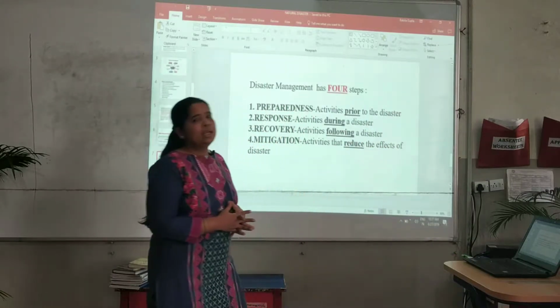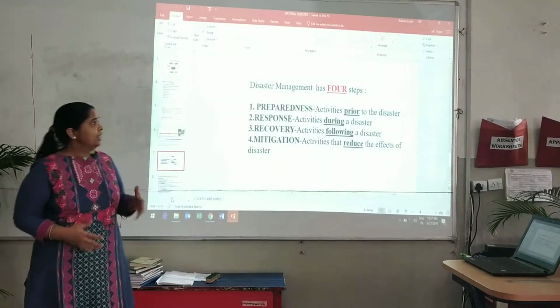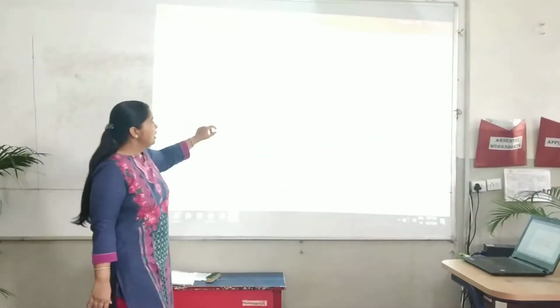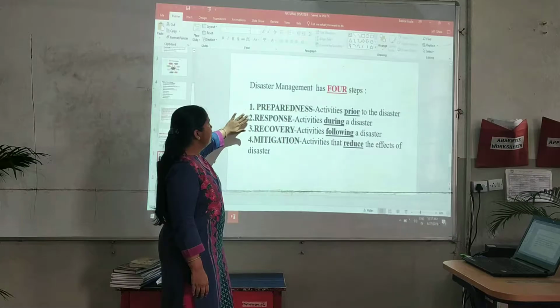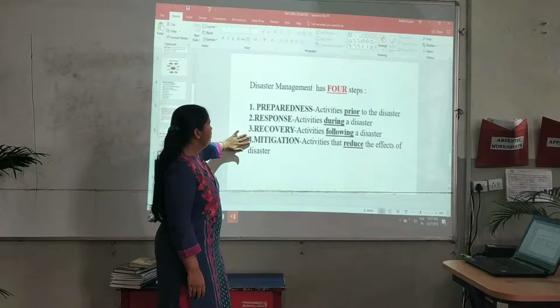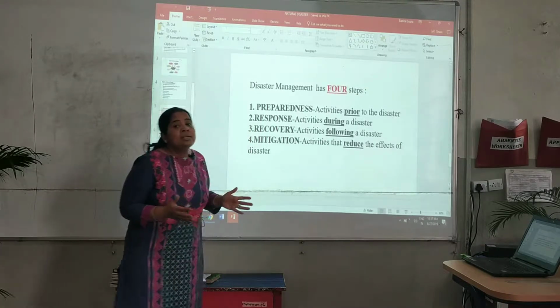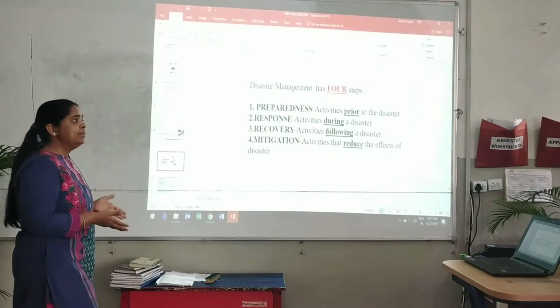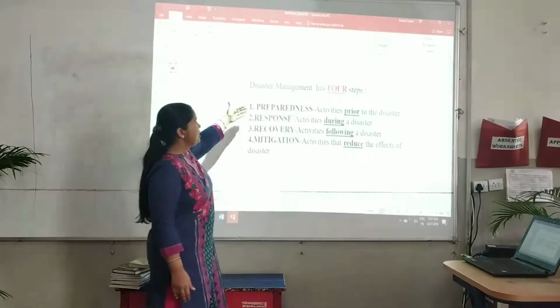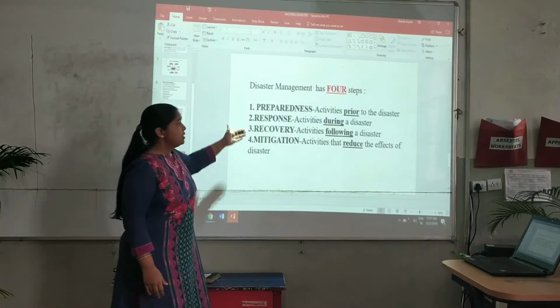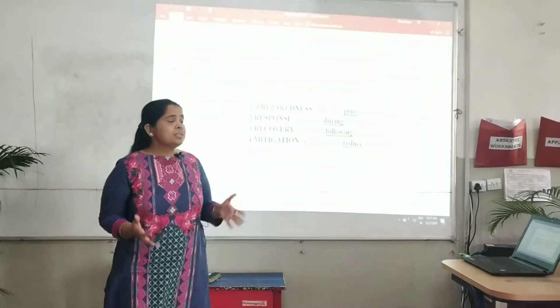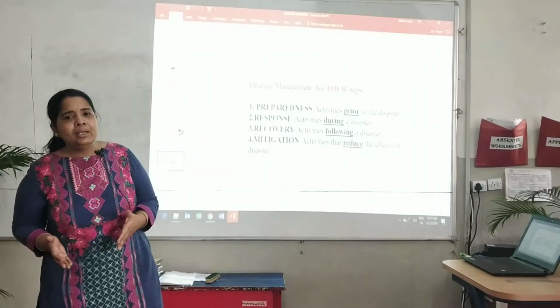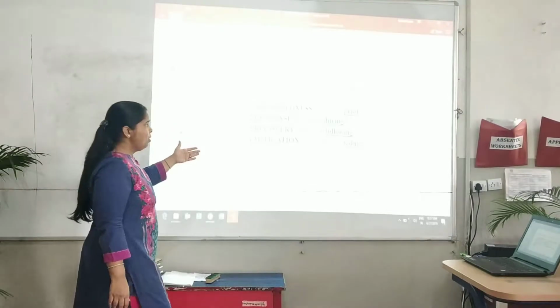Now, disaster management, how do we go about it? It has 4 major steps. The first is preparedness, response, recovery, mitigation. Preparedness is done prior to any disaster. So, activities prior to the disasters come under preparedness. Response: whenever there is a disaster, the activities done during the disaster are response.